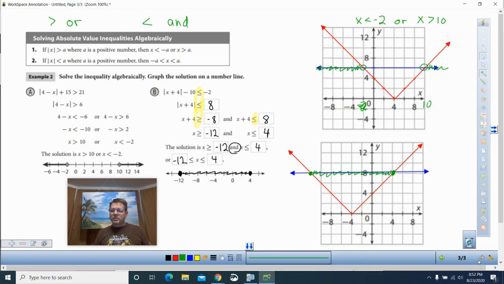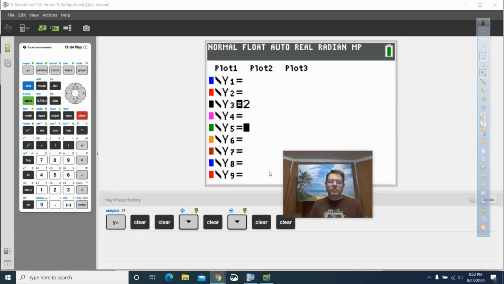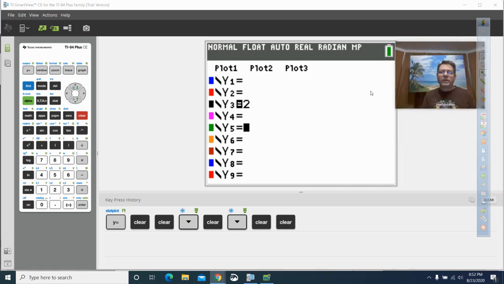Now, I do want to do a refresher course on how this looks on the calculator. Going through the steps. So what's this? X plus 4 less than or equal to 8. Okay, we'll do that one. So let's clear this guy. Oops, I gotta go up.